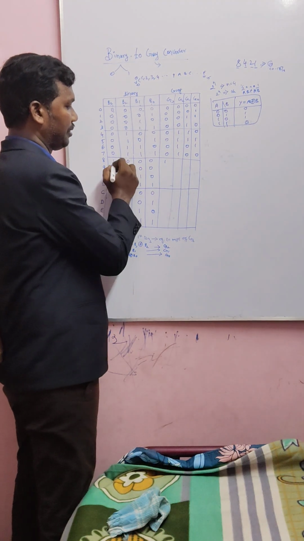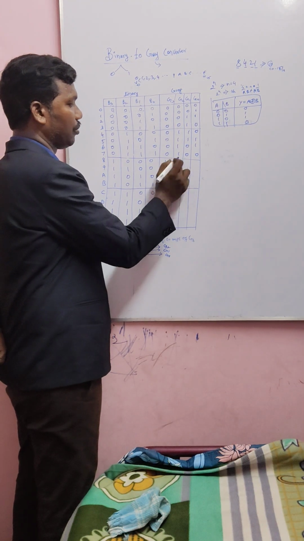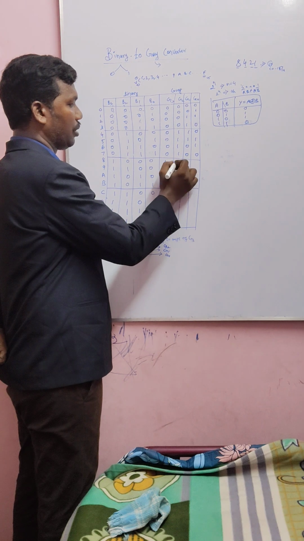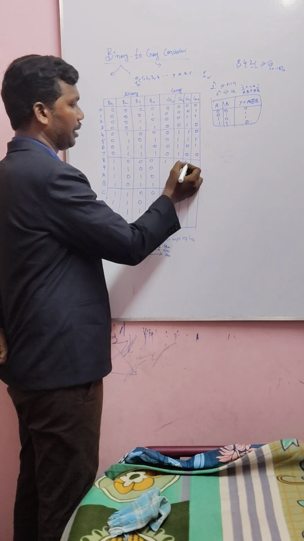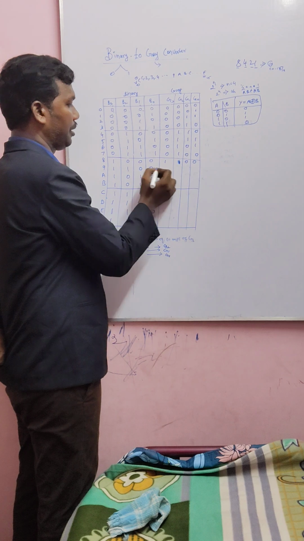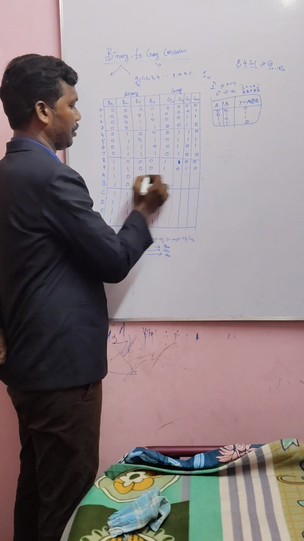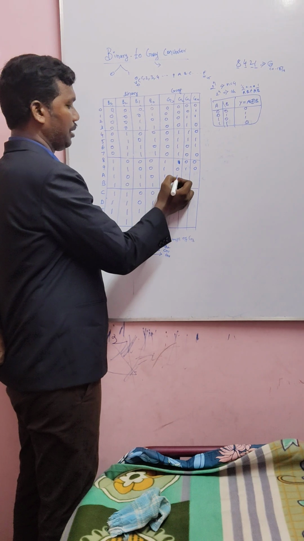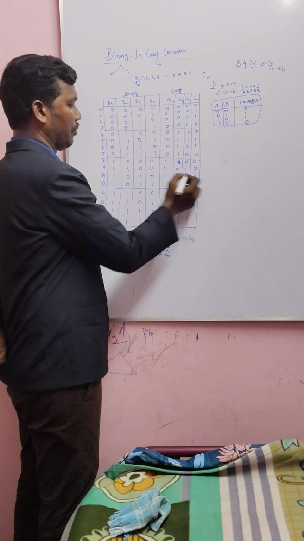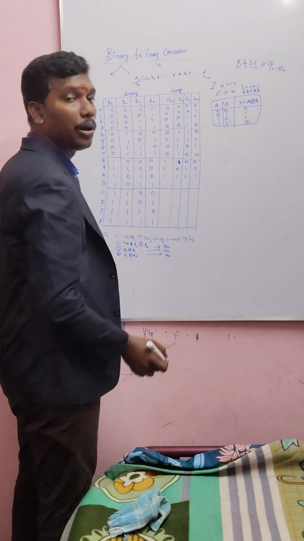Next one, as it is MSB, 1 will be 1, 0, 1 will be 1, 1, 1 combined with the 0, and this will be the same and this will be the same. Then 1, same, so 0, different will be 1, same will be 0. 1, 1, again 1 and 1. For this combination, all come as 1, right?